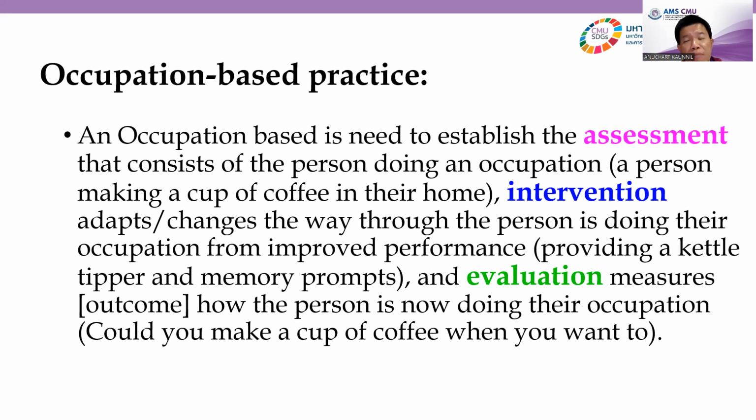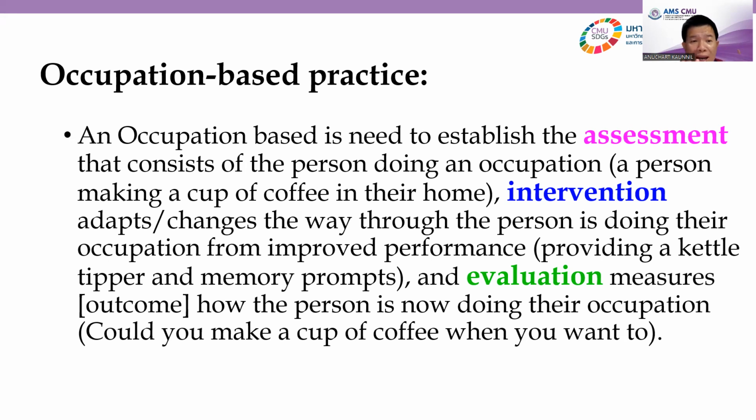Occupation-based practice needs to establish the assessment. Assessment consists of the person doing an occupation, presumably like the client, an individual, making a cup of coffee at home. The client or person can do it or not, how to assess.